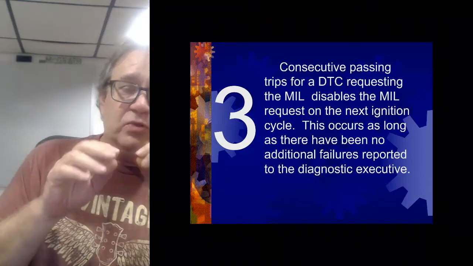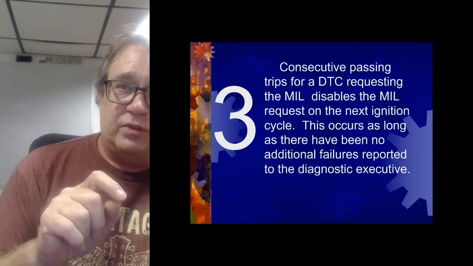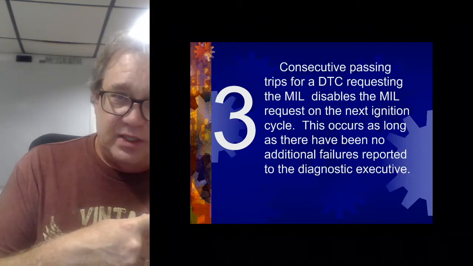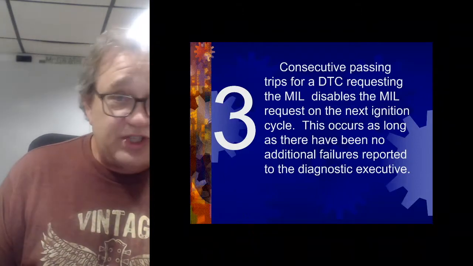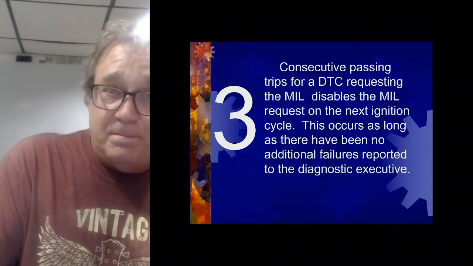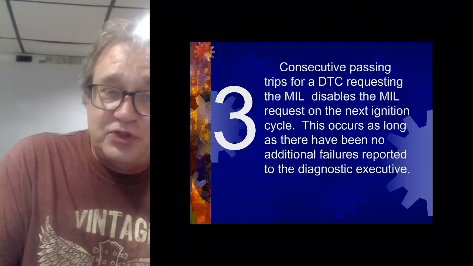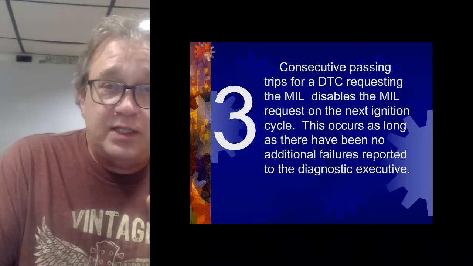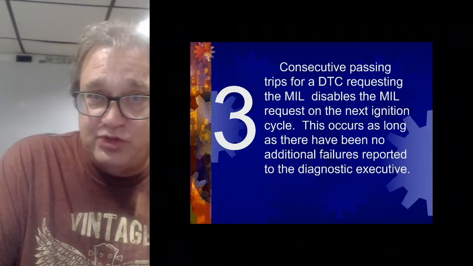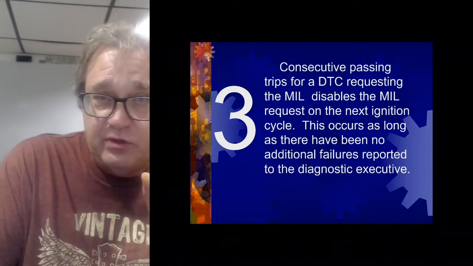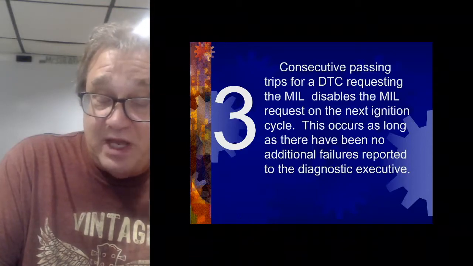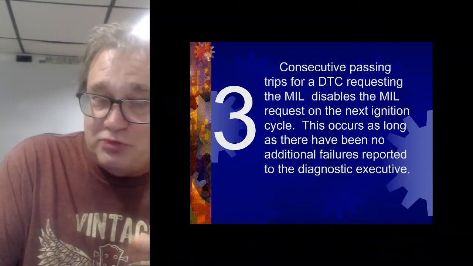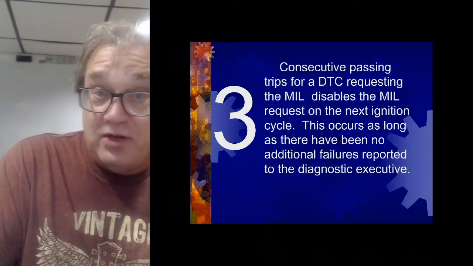So, look, if we clear the code, we wipe everything out, we put the computer back to factory, which means it has to run all these tests again. But the computer's job, really and truly, isn't to turn the check engine light on, it's to turn the check engine light off. That's what the manufacturer wants it to do, which is the reason why it only takes 3 trips to do it. It's not a lot.